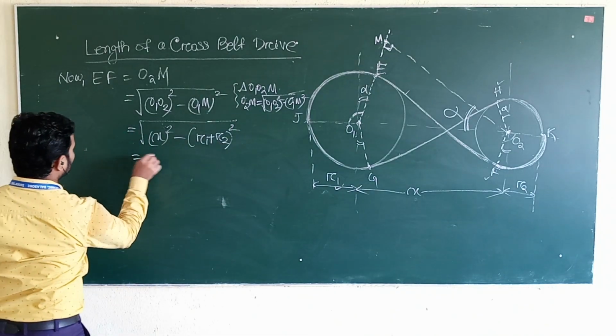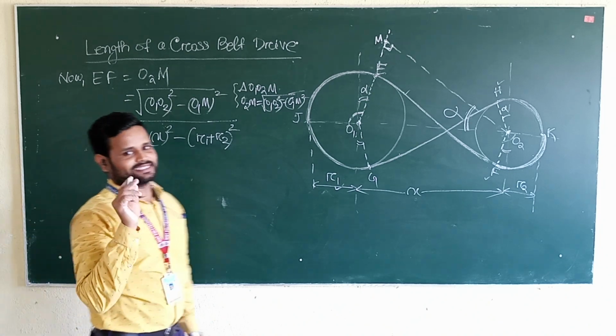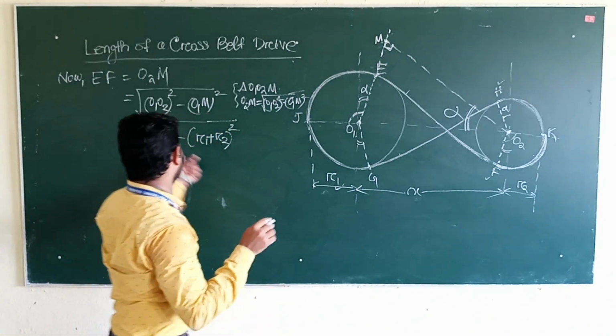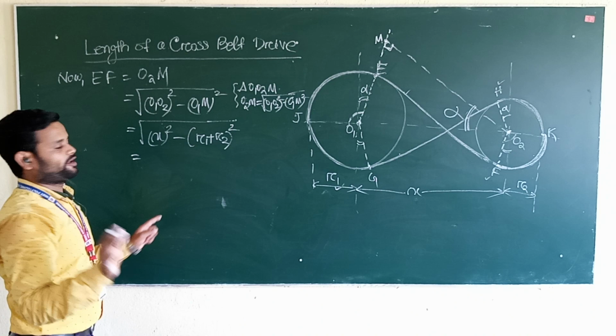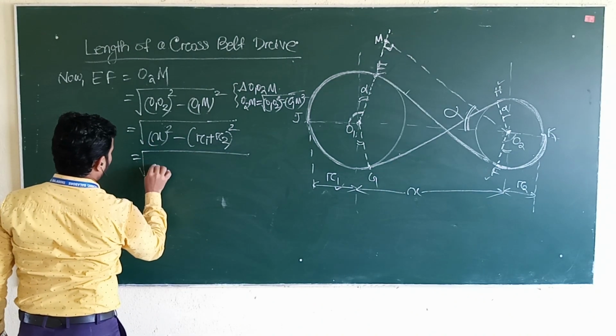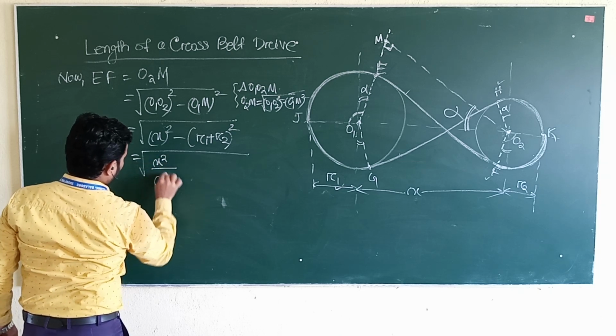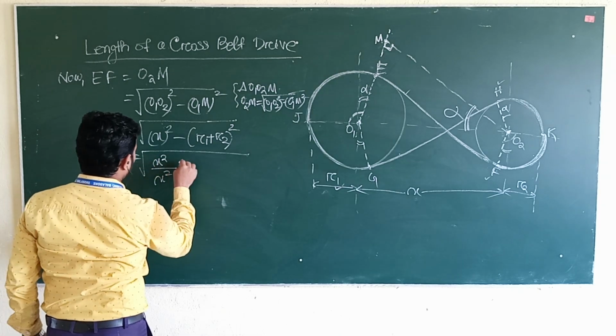Next, if we multiply x square and divide by x square in each term, then there will be no difference. So inside this square bracket, x square multiplication and x square division, then there will be no effect.